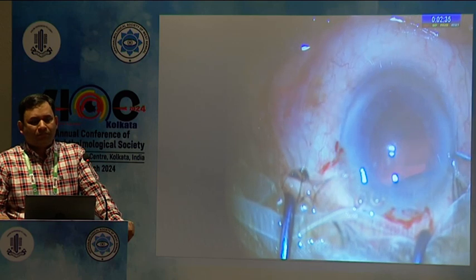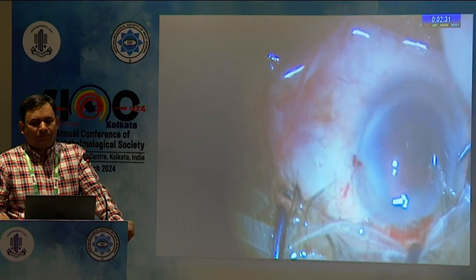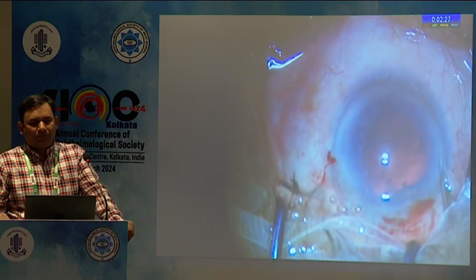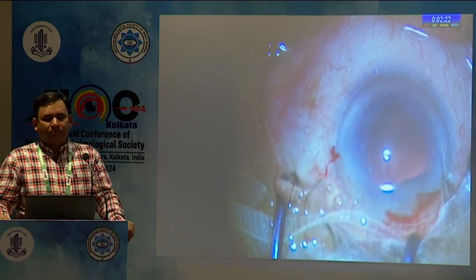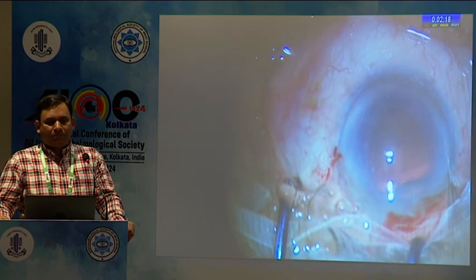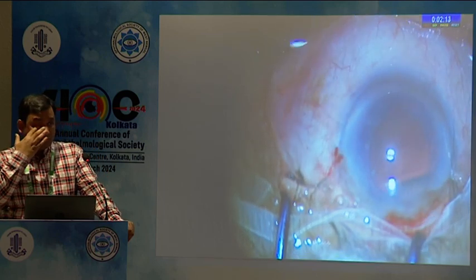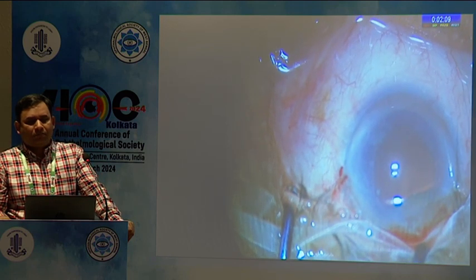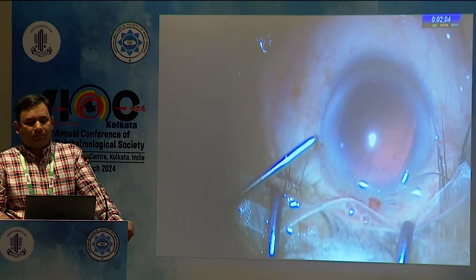We performed the remaining cortical matter aspiration and anterior vitrectomy. Even after removing the traction with viscoelastic, the nucleus is not coming. So we removed the cortex with the help of low bottle height IA or the Simcoe cannula. After removing this, we performed anterior vitrectomy.